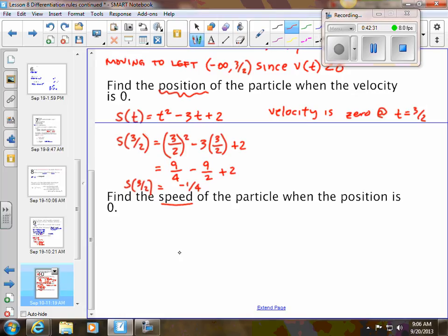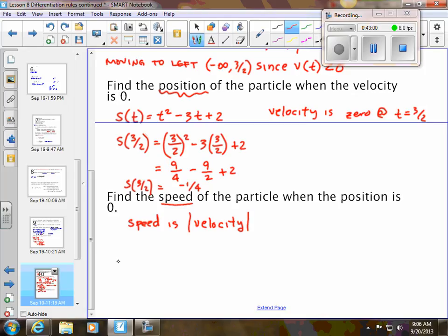So what am I getting at? What is speed? Absolute value. It's the same in either direction, but it's positive. The speed is the absolute value of velocity. Okay, so let me write that down. Speed is absolute value of velocity.